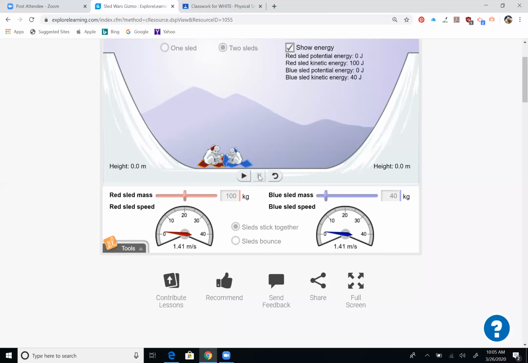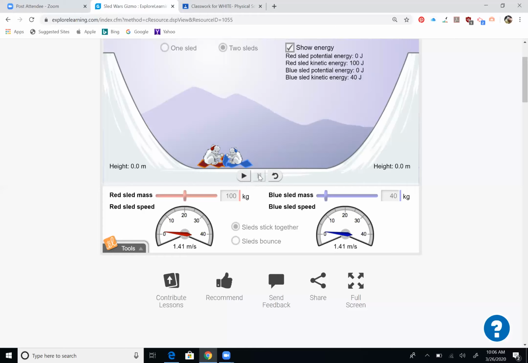If you knew each sled's mass and speed, how could you determine which sled would be pushed backward in a collision? We already figured that out because we calculate the momentum. So B is you just calculate the momentum.